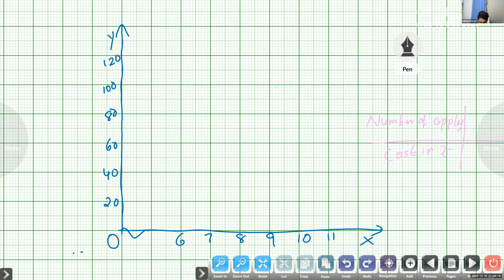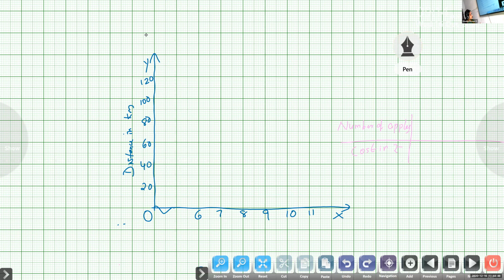But 160 is also there now, so I will minimize it again. Ma'am, after 160, we can write 20, 40, 60, 80, 100, 120, 140, 160. Distance in kilometers on the y-axis and time in hours on the x-axis.